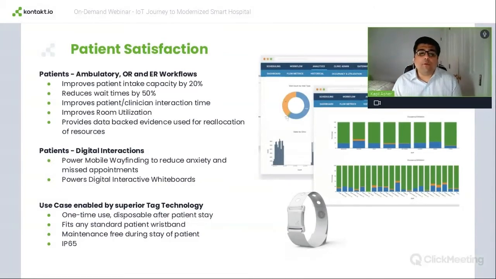And finally, we are doing things like digital interactive whiteboard integration. So when you are in long-term care or acute care, we have digital whiteboards on a TV that we are powering automatically, right? So it displays not only the weather outside, but the weather inside the room. What's the temperature? What's the humidity? What's the air quality?